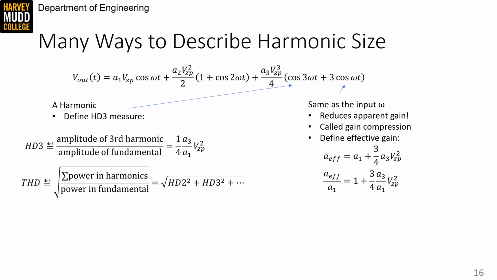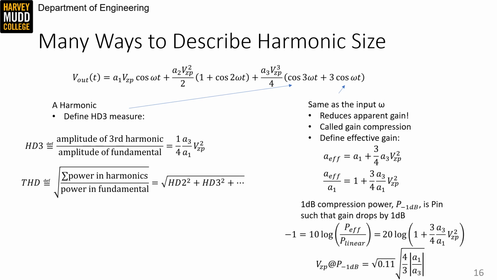We can describe gain compression mathematically by gathering terms that are multiplied by cosine omega t to define the effective gain, and then dividing all of that through by A1 to find the ratio of effective gain to linear gain. This ratio of effective gain to linear gain is useful for defining an easy-to-measure parameter called P-1 dB.